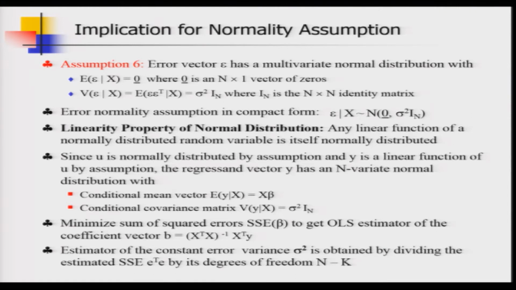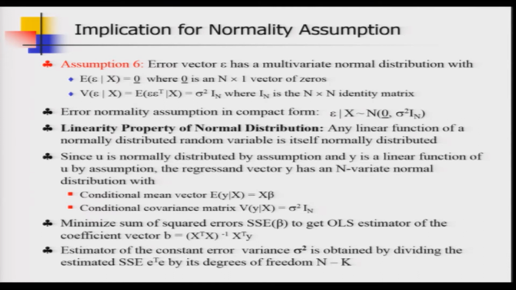Now, what is the implication of this normality assumption if we introduce it in the classical linear regression model? Well, if you remember, when we discussed the case of the normal distribution, we spoke about the linearity property of normal distributions. So, let me remind you again if you have forgotten. Any linear function of a normally distributed random variable is itself normally distributed.